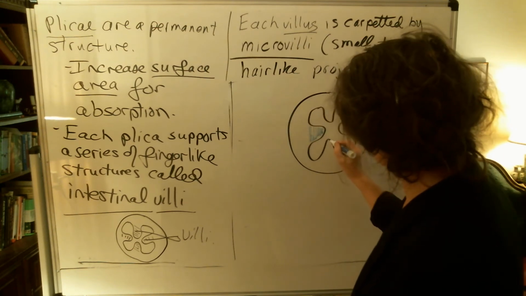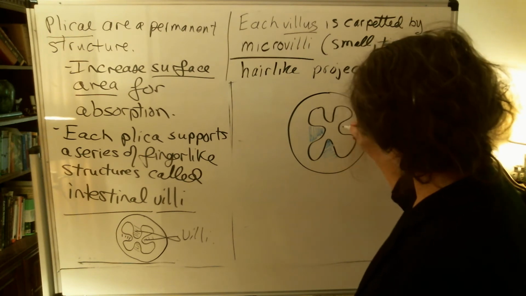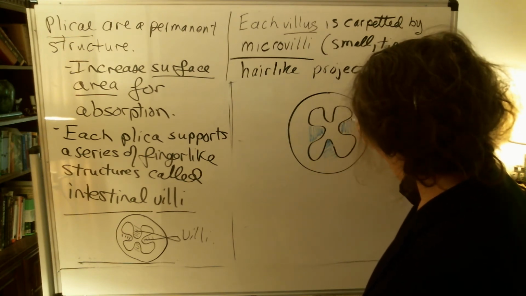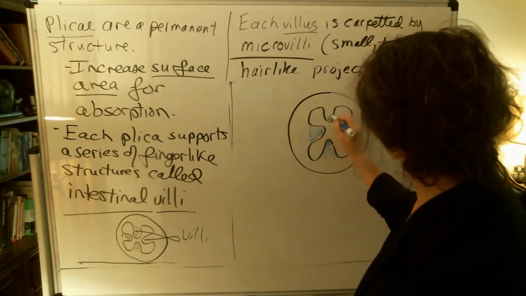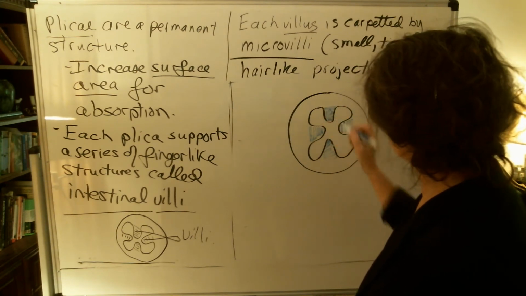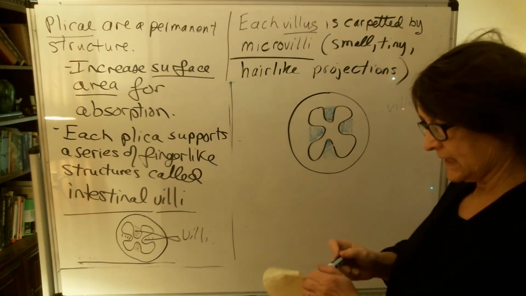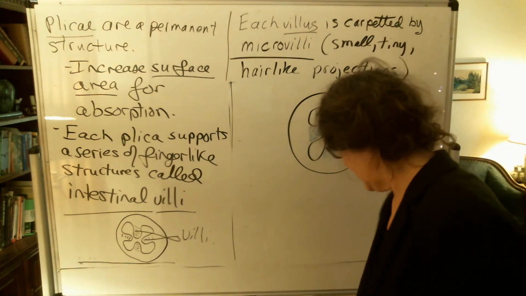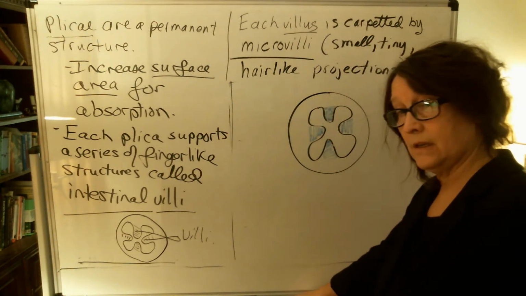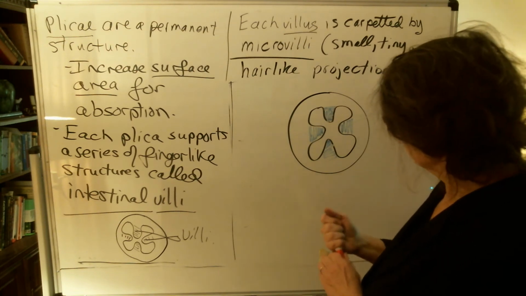So here's a villus. Here's a villus. Here's a villus. And here's a villus. So these are then projecting into the opening in the small intestine. The opening is known as the lumen, just so you know.